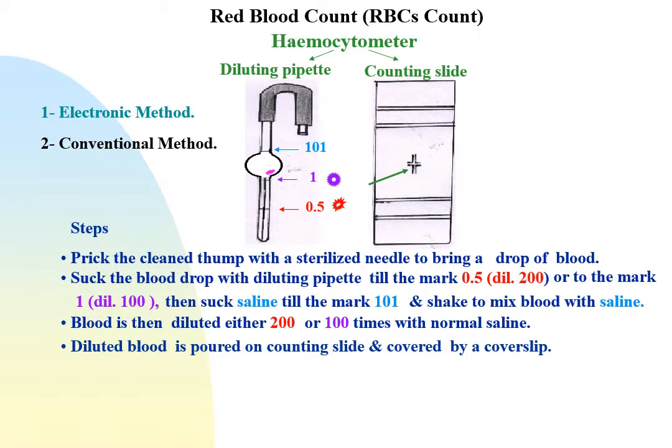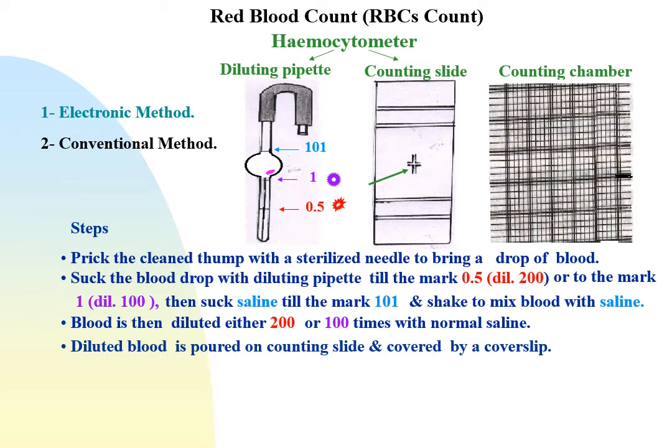We have to count the number of RBCs present in a single small square. Then by multiplying this number by 4,000, then by the dilution, we get the number of RBCs present in 1 cubic millimeter. But this is quite difficult, as small squares are too small to count RBCs in them.